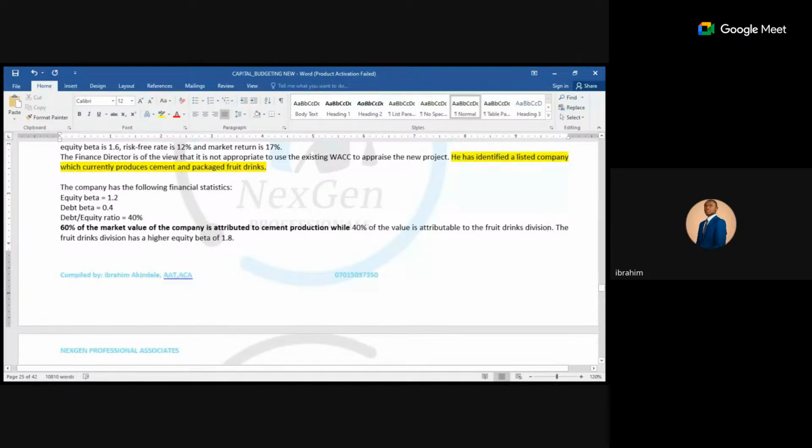Now, the food drink division has a higher equity beta of 1.8.